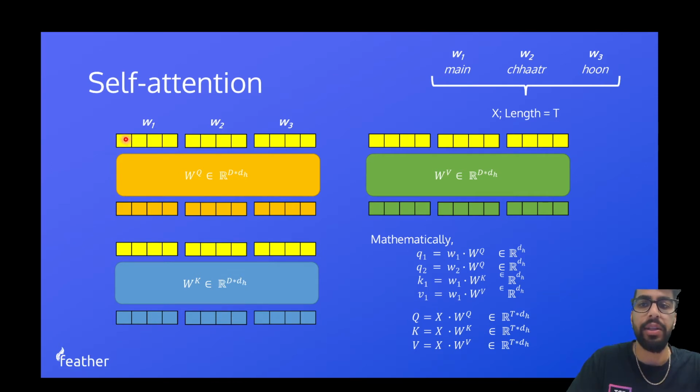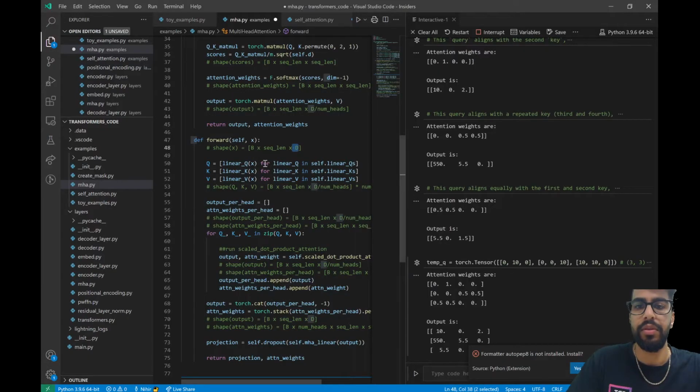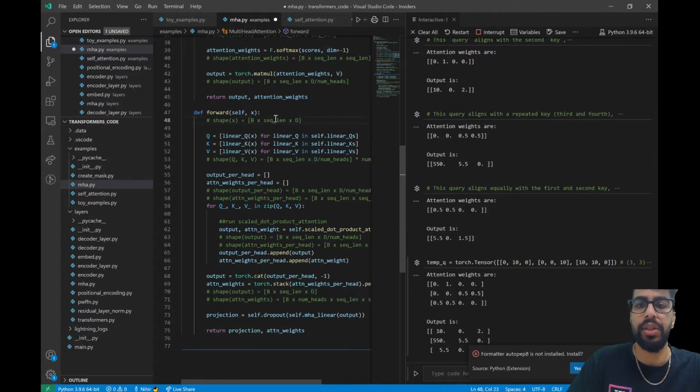If we only have 1 element in our batch, so if this is the only sentence that we have in our batch, then we have this 1 sentence, 3 words, so this will be 1 times 3 times 4. Because we have sequence length number of words, which is 3, and each one of our sequences is represented in 4 dimensions. 1, 2, 3, 4. So this will be B times sequence length times D.